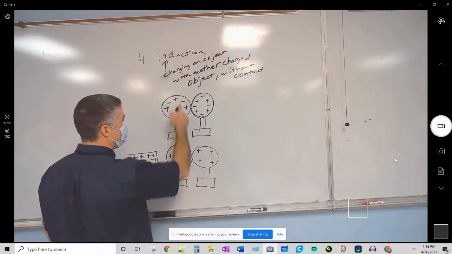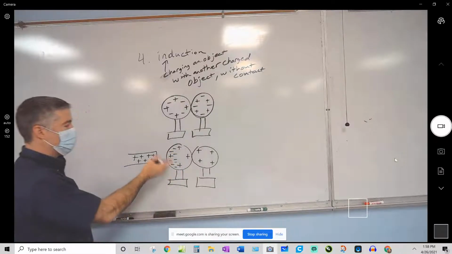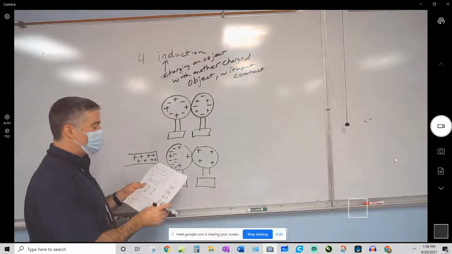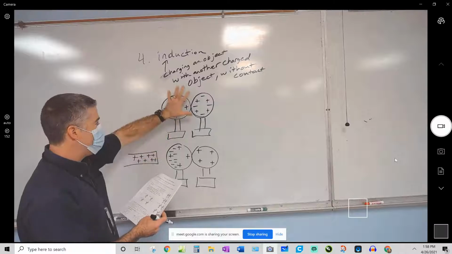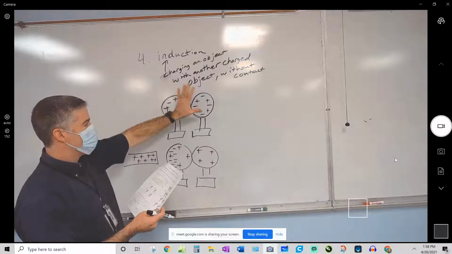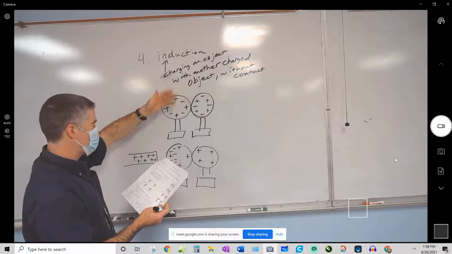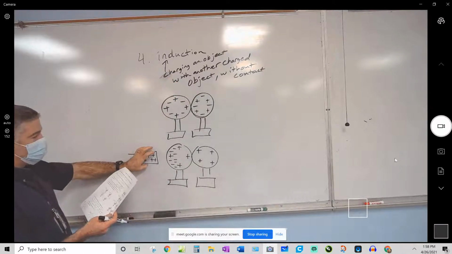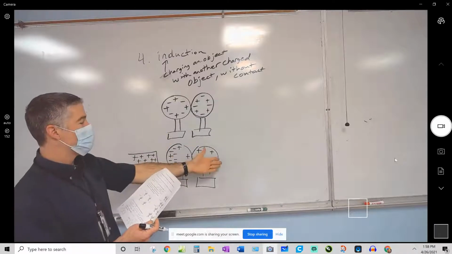But now all 8 electrons should be somewhere over here. They're going to be attracted to this. So the picture that they have, they're just simplifying this. They're saying in the beginning, there's the charges, this whole thing's neutral. We've got even distribution of charges. And then when we bring this positive thing in here, that causes the near side to become negative and the far side to become positive.